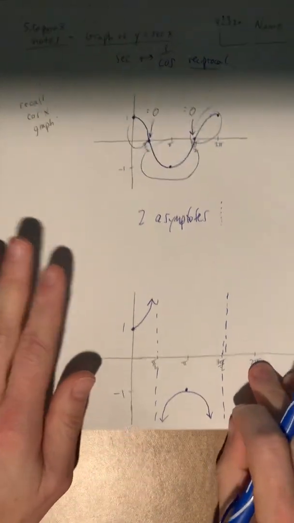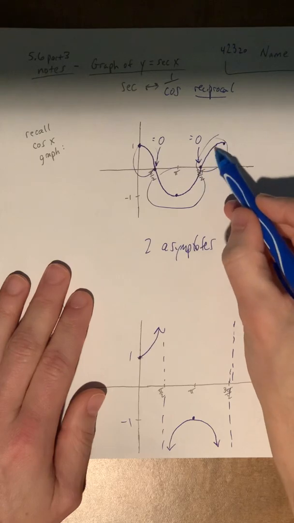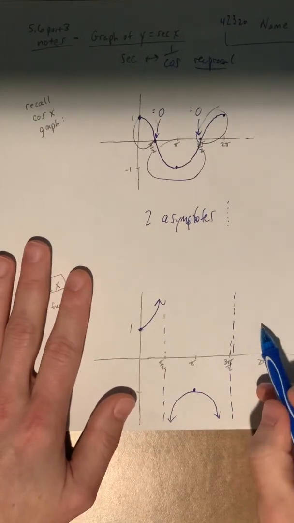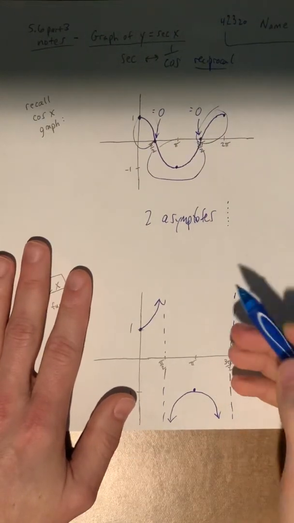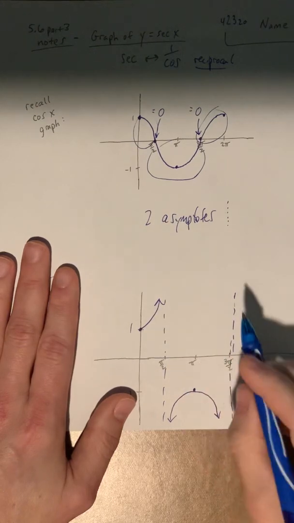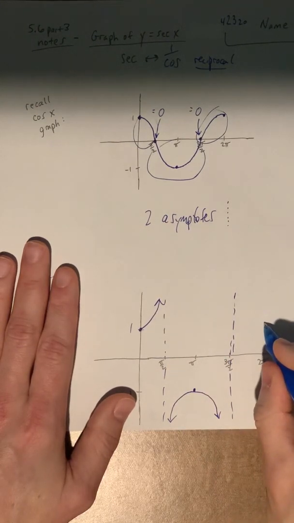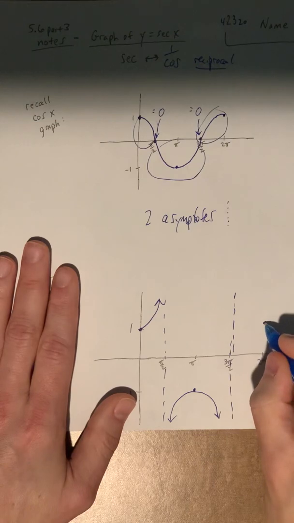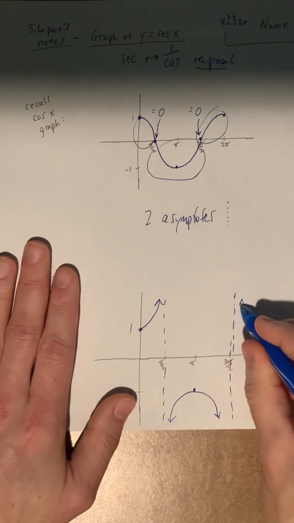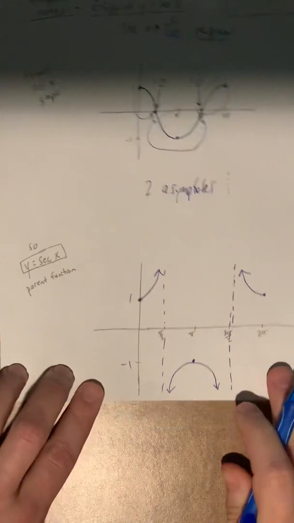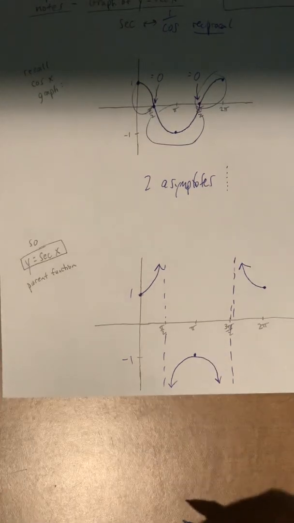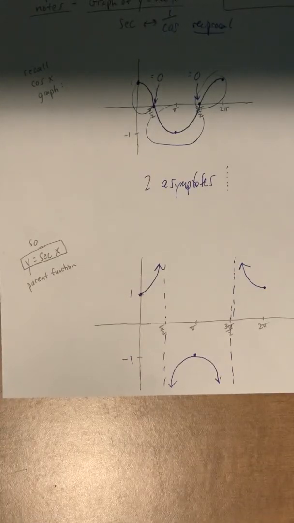And then pretty much the same thing over here. The cosine graph goes like that, but we're flipping it up. It's going to be like this at 2 pi. It's going to go like that. All right, so there is your parent function secant graph.